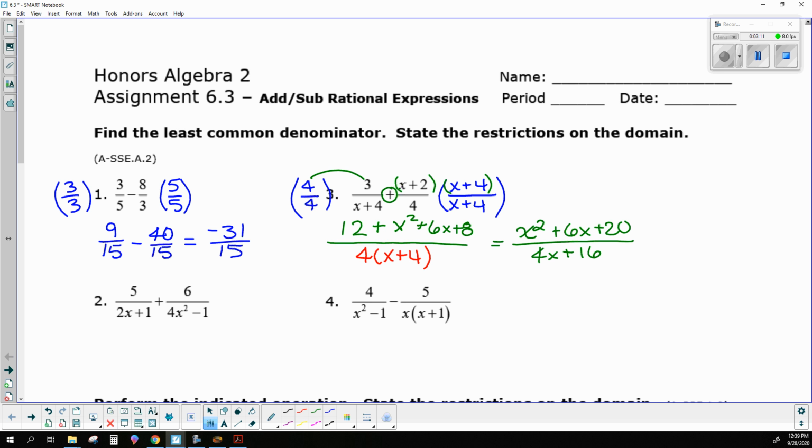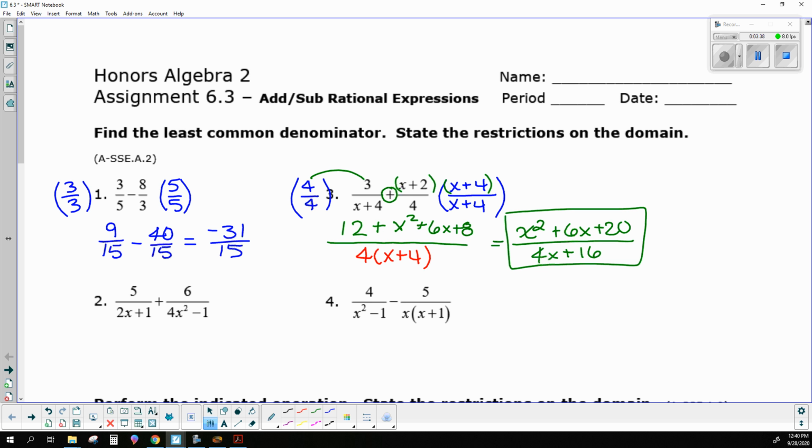You can check to see if it simplifies. Can I factor x squared plus 6x plus 20? That does not have any easy or obvious factors, so nothing ends up simplifying any further. So this becomes our solution.